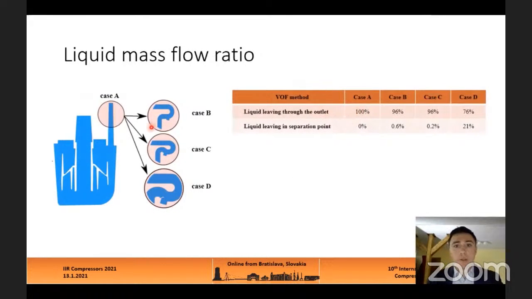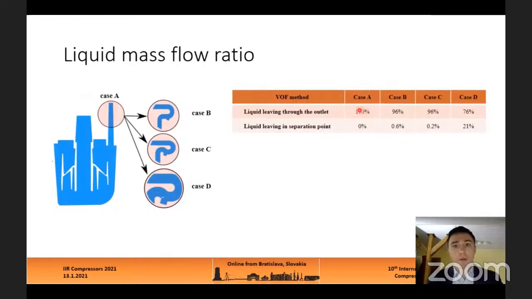So here we have the ratio between the liquid refrigerant escaping through the outlet and liquid refrigerant entering the suction muffler through the inlet, the first line of the table. And the second line is showing the ratio between the liquid escaping through the separation point and the liquid entering the muffler through the inlet.